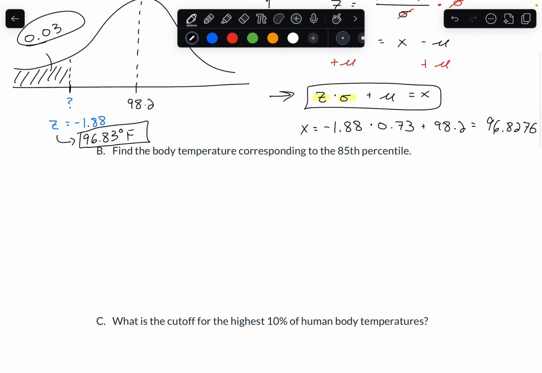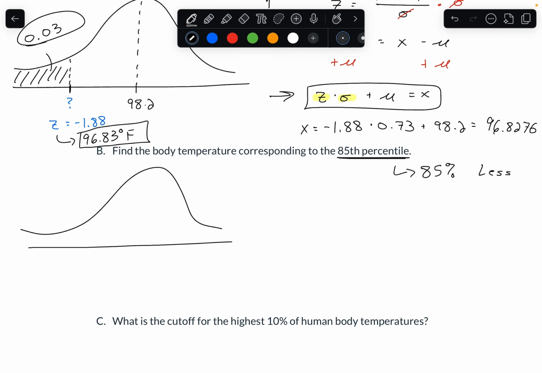Part B says find the body temperature corresponding to the 85th percentile. So this time around I'm talking about a percentile, which is a little bit different. This means that 85% of my data values are less than, or equal to, this value. So again, let's draw out a picture so that we can see what we're looking at.